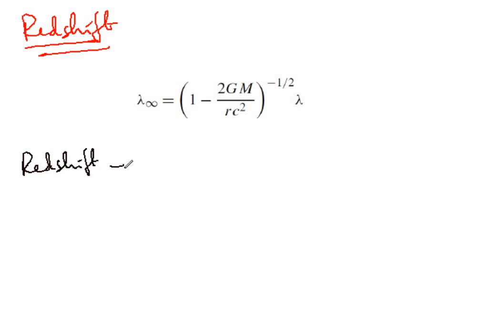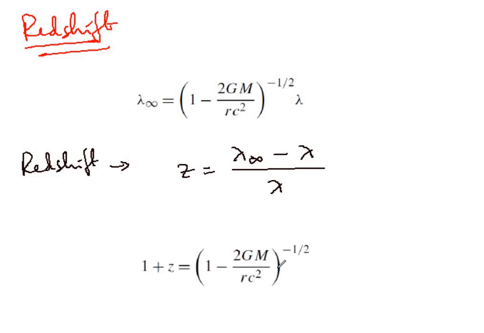Now, what about the redshift? The redshift is basically measured by delta lambda divided by lambda. So from this relation we have 1 plus z equal to this relation. So we see that as r tends to the Schwarzschild radius, redshift becomes infinite. So what does this mean?